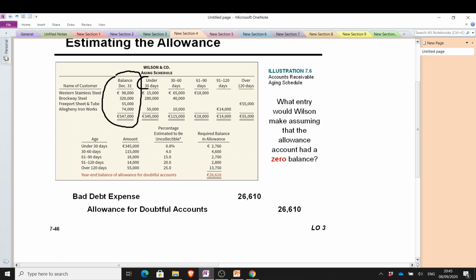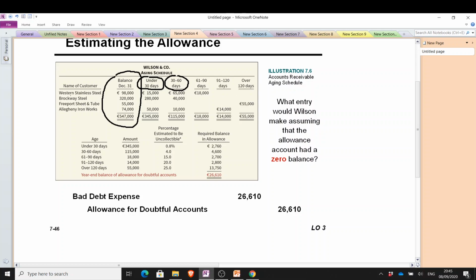So using an aging schedule, we divide the life of our receivables into some groups. For example, under 30 days, 30 to 60 days, 61 to 90 days, 91 to 120 days, and over 120 days.